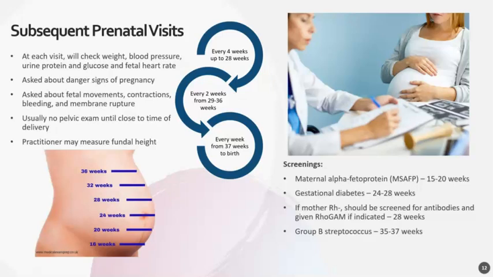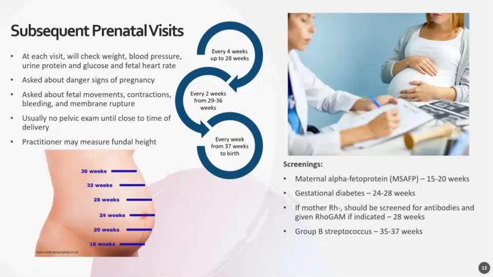At that 29-week mark, they're going to be seen every 2 weeks. So from 29 weeks to 36 weeks, they're being seen every 2 weeks. And then they will be seen every week from week 37 up until the birth.